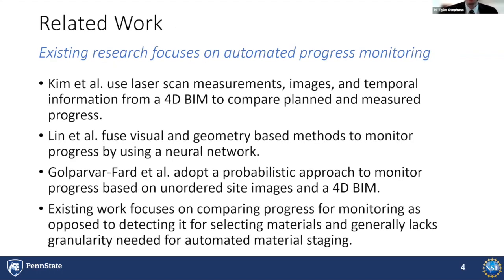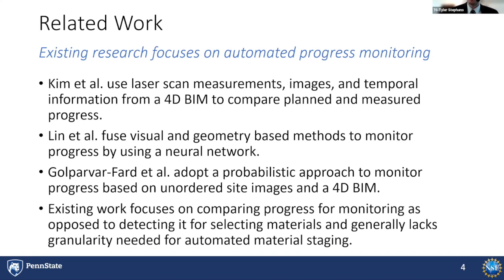Related work in this area, normally work focusing on construction progress focuses on the task of automated construction monitoring. And so this typically involves taking a BIM and comparing it to a sort of as-built model developed using sensor data. These sensors can be laser scans or images, and this comparison can be performed using neural networks or probabilistic approaches.